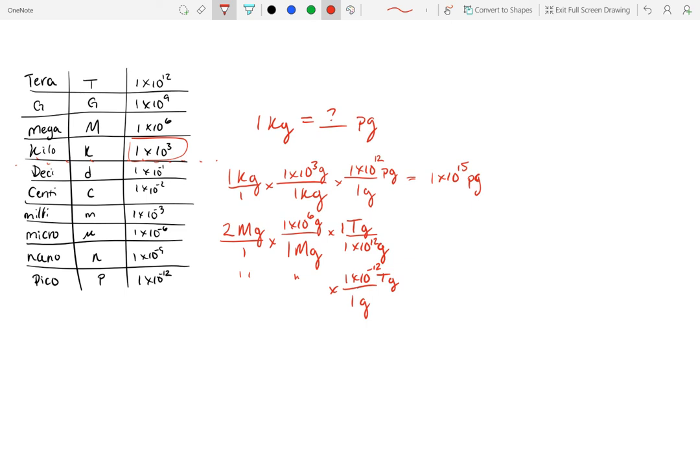If we were to move that to the denominator, we would have 1 times 10 to the 12 grams, right? So they're both the exact same thing. They'll give you the exact same answer, right? So right here, in 2 megagrams, we have 2 times 10 to the negative 6 teragrams, right? And notice that our units cancel out here. Megagrams cancel out megagrams, grams cancel out grams, and we're left with teragrams, which is exactly what we wanted.